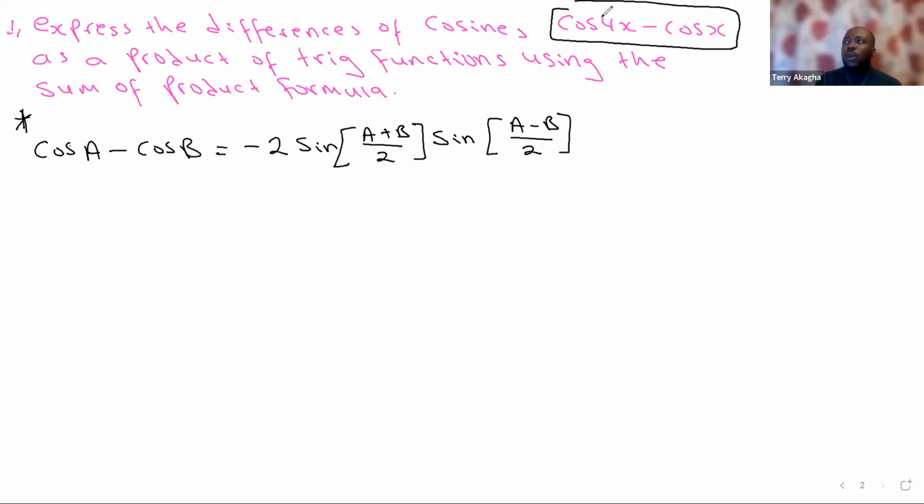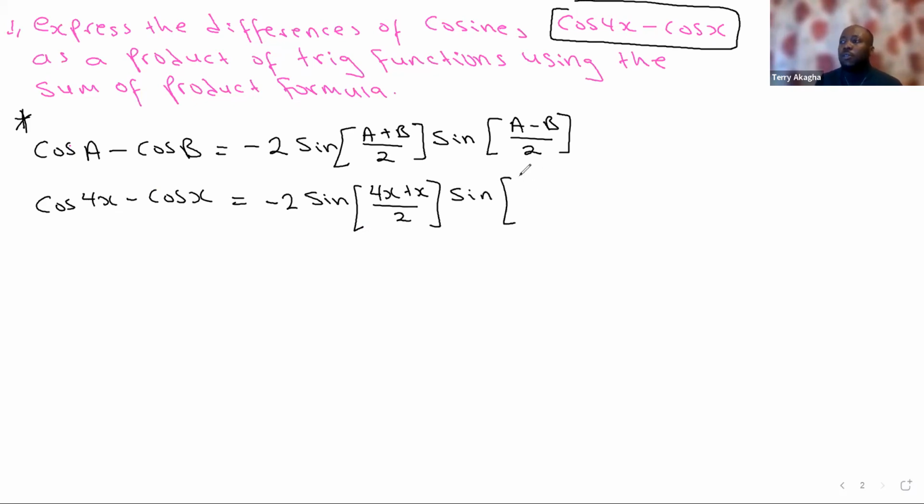To the question, we can now say cos 4x minus cos x. Now, 4x here is going to be the A, and x here is going to be the B. So it's going to be minus 2 sine of (4x plus x) over 2, sine of (4x minus x) over 2.